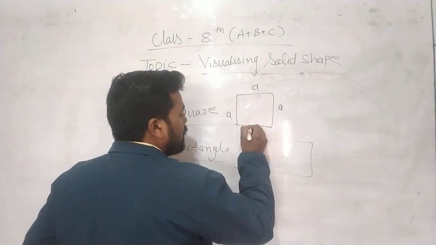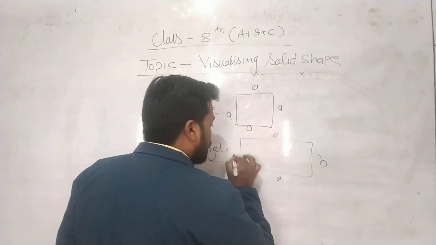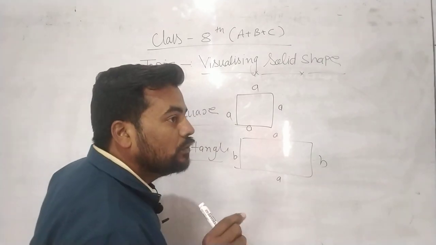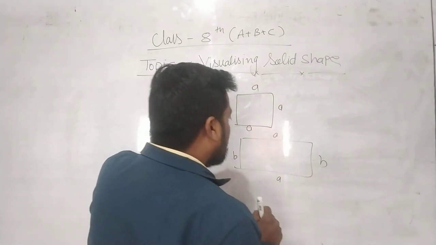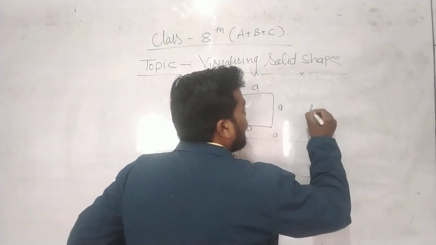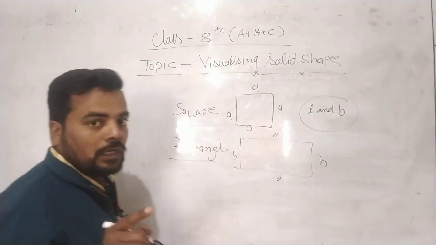In a rectangle opposite sides are equal. So this is called a 2D shape because in these diagrams only two sides are available, length and breadth. That's why this type of diagram is known as 2D shapes.